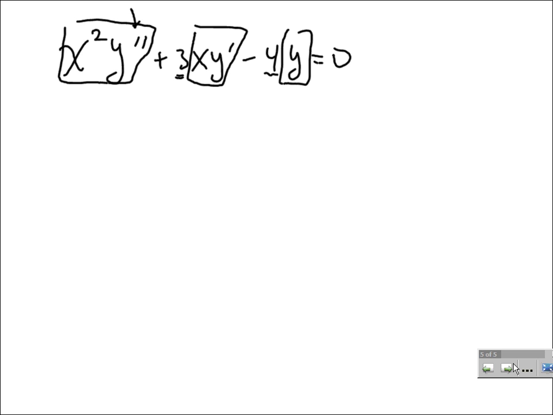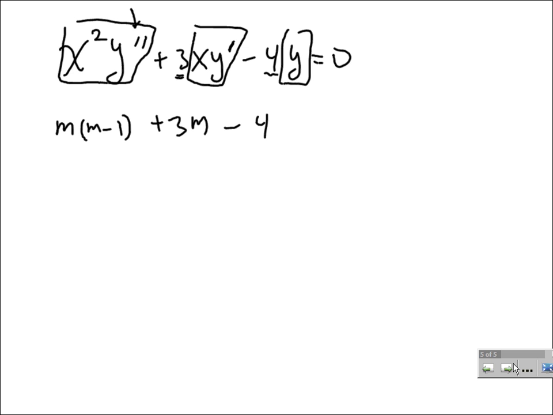Since that's double prime, I write down two numbers, and whenever I say write down a number, the first number is always m. M, and then 1 less. Plus 3, since it's the first derivative, just write down one number, that is m.